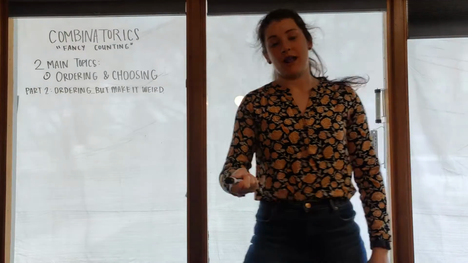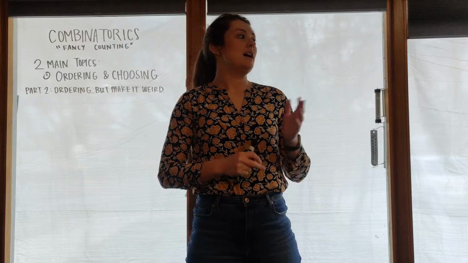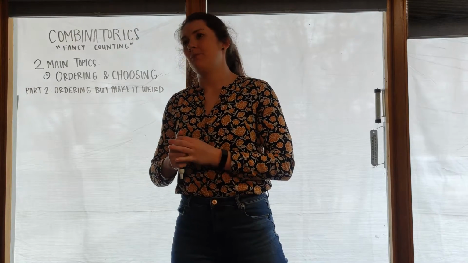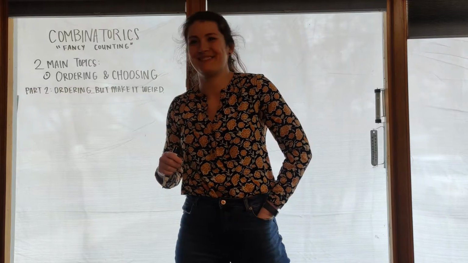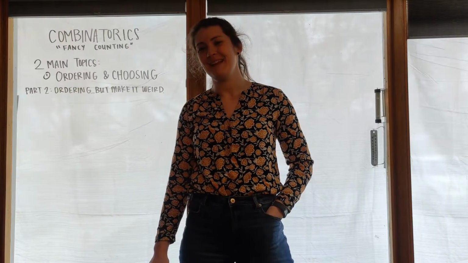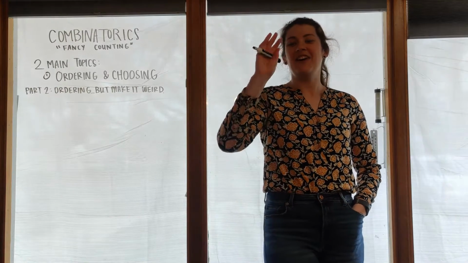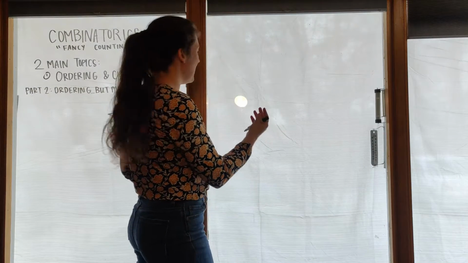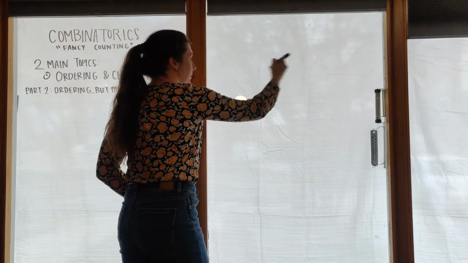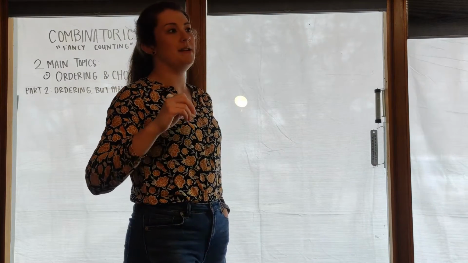Okay, here we go. In the first video we talked about ordering different objects. And we talked about if we have 5 different objects, the number of ways that we can put them in order is 5 factorial.